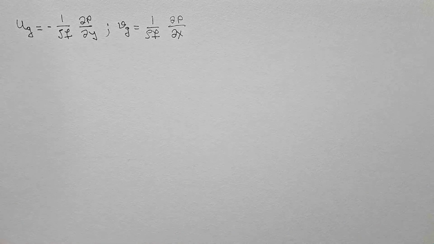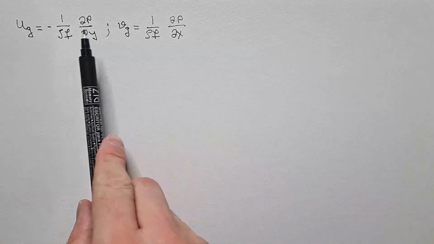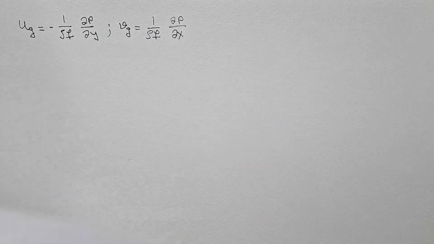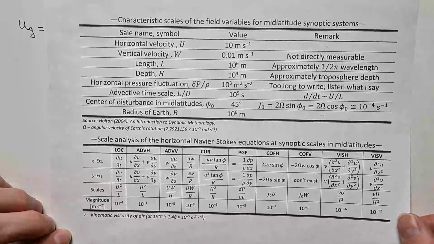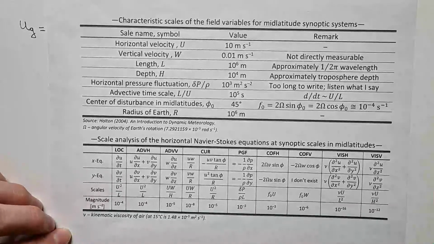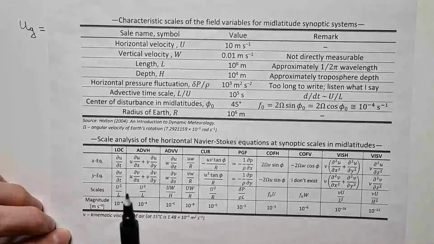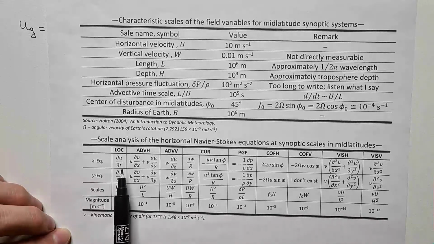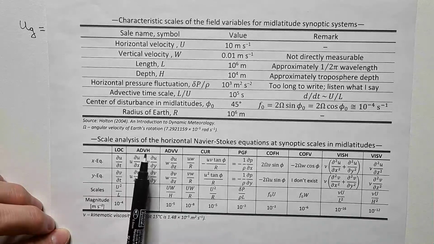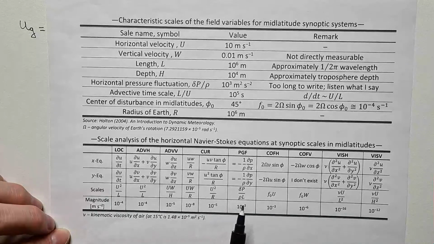To obtain prediction equations instead of these diagnostic equations, we have to go back to this infamous table and include the next largest terms, and these are the local derivatives of the two velocity components and the horizontal advection. They are 10 to the power minus 4 in terms of magnitude. These are 10 to the power minus 3, and look, all others are much smaller.